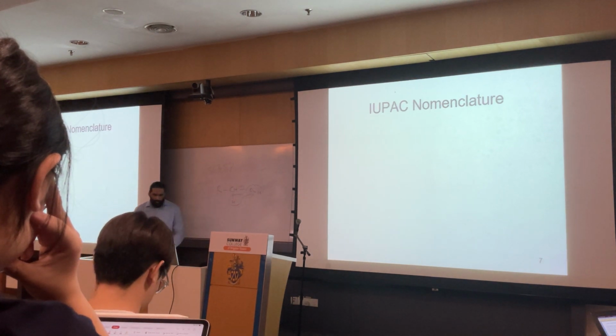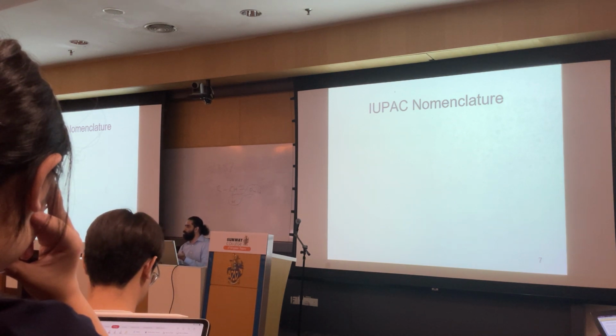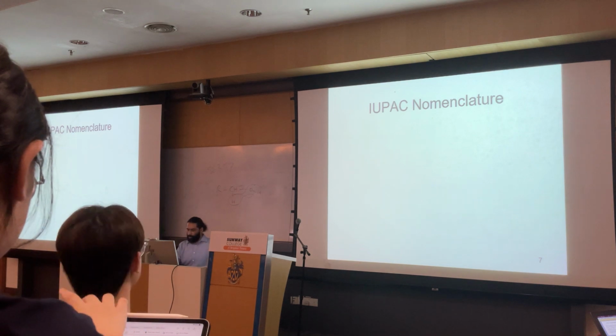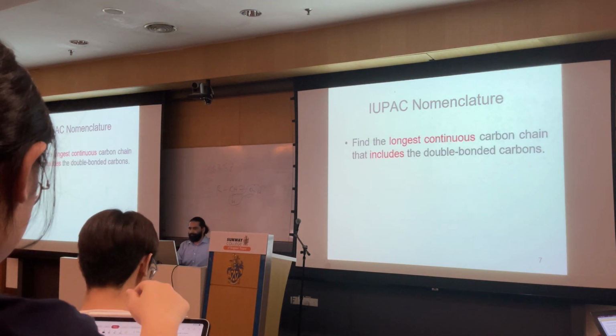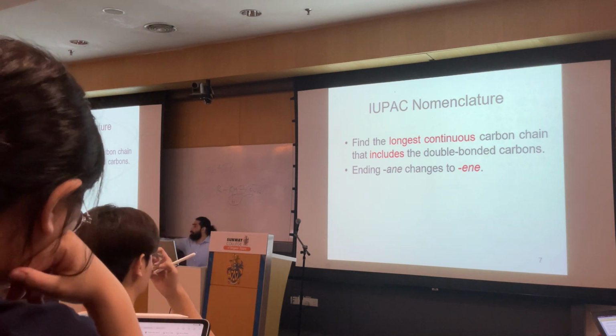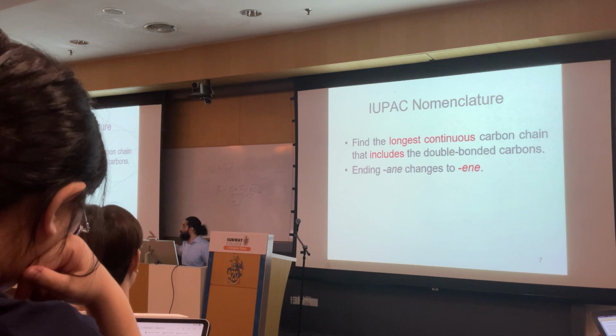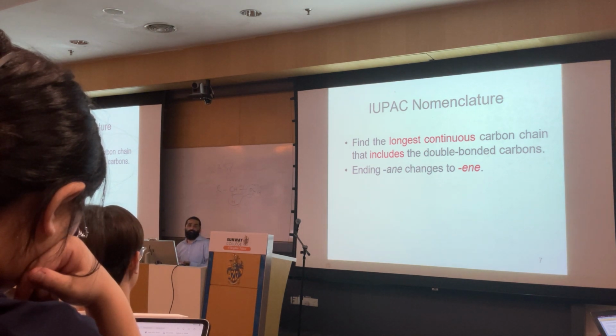Okay, let's quickly glance through the IUPAC nomenclature. The rules remain the same. Probably I can skip to the actual examples for you to note down. The only thing you need to remember is that the longest chain which you used to select for alkane, now it should include the carbon-carbon double bond within that longest chain.